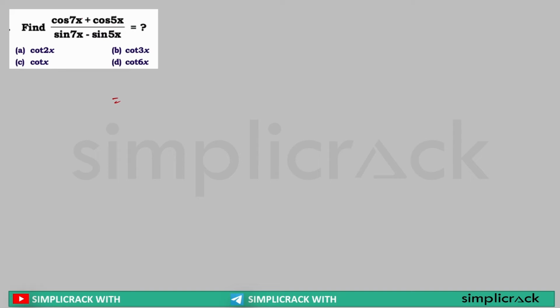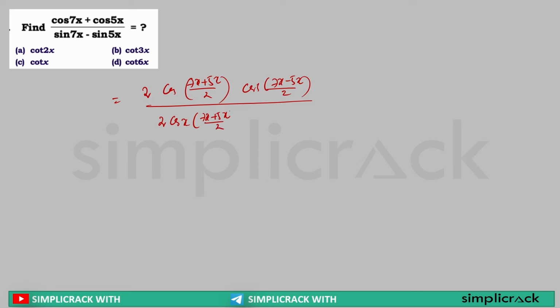Sir, this can be written as cos A plus cos B, that is 2 into cos (7x plus 5x)/2 into cos (7x minus 5x)/2 divided by sin A minus sin B, so 2 into cos (7x plus 5x)/2 into sin (7x minus 5x)/2. 2 crossed out, cos (7x plus 5x)/2 crossed out.